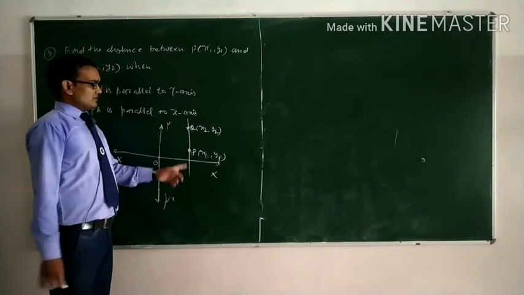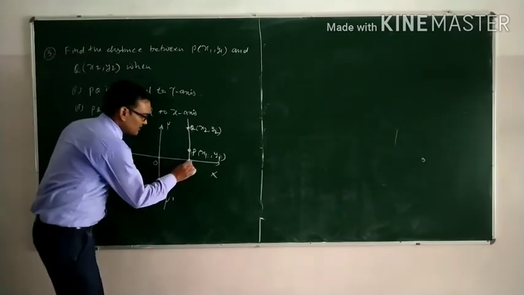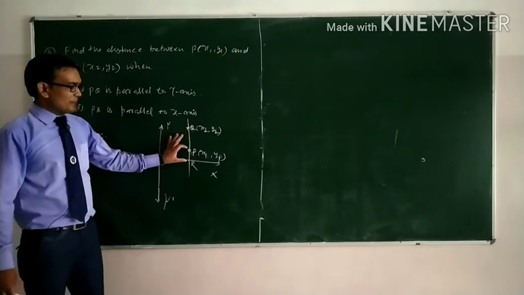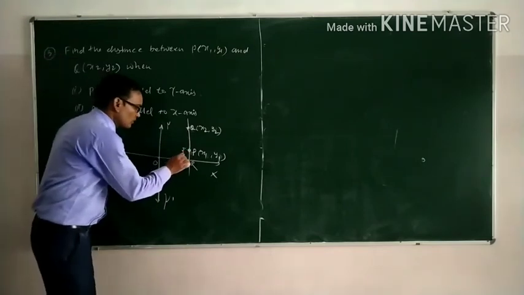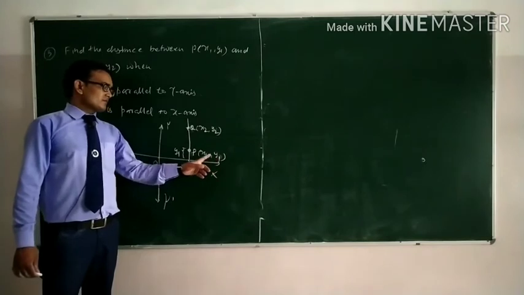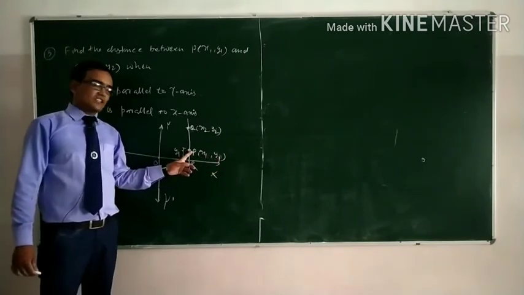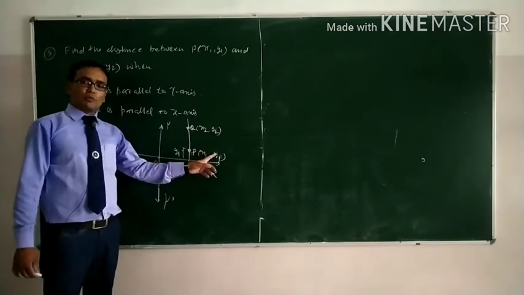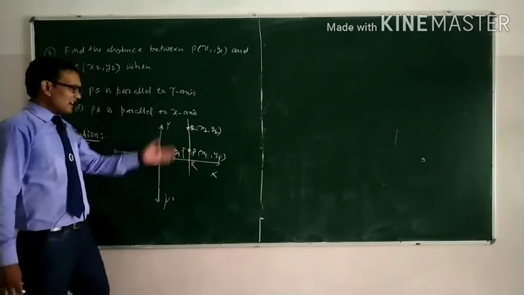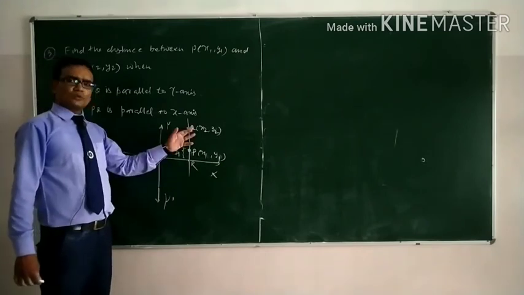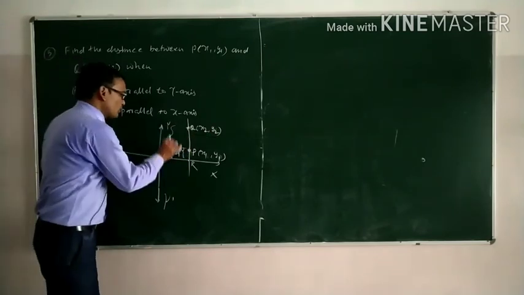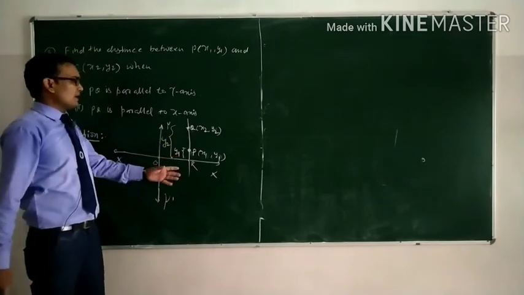The ordinate of point P: here we write PQ intersects x axis at point R. Distance of PR is y1, because ordinate of P is y1, then the length of PR is y1, and again ordinate of Q is y2, that means QR is y2. Then find the value of PQ.